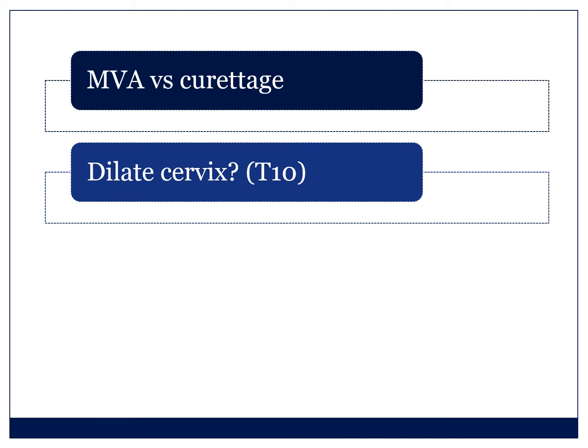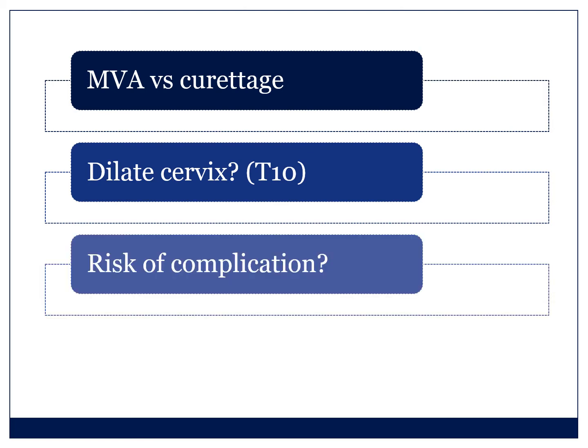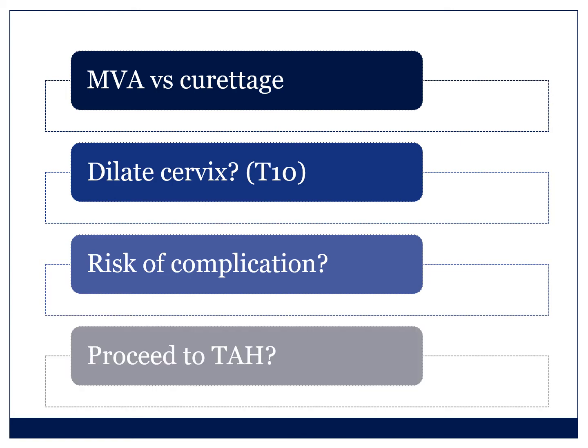Most of the pain is visceral in nature. It's not like a surgical incision, but it is definitely uncomfortable. Is this patient at risk of complications, especially the septic patient? And do I think that proceeding to total abdominal hysterectomy is something that I need to consider? And again, if that's in your mind, you either need to be in theatre or you need to be referring this patient.